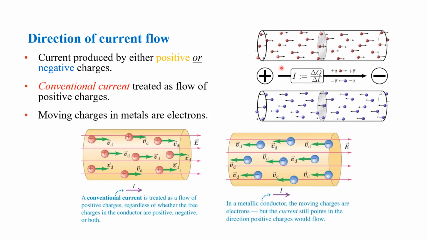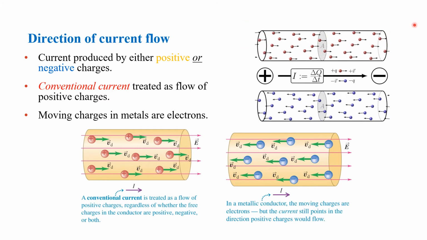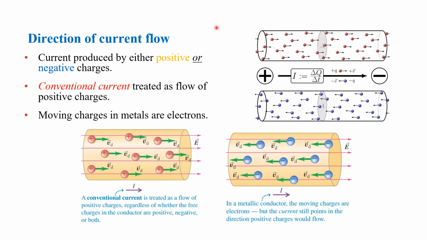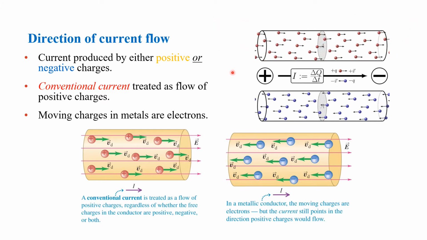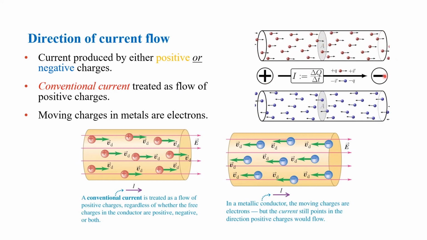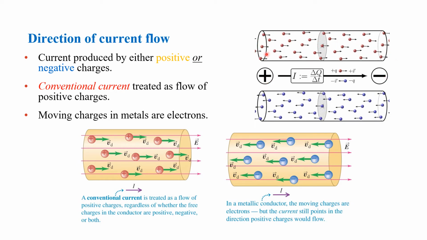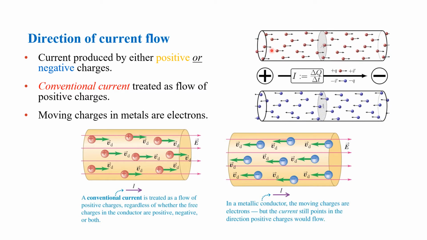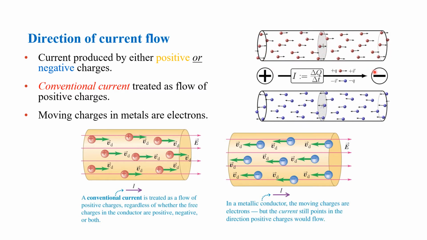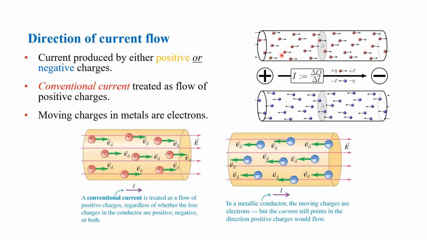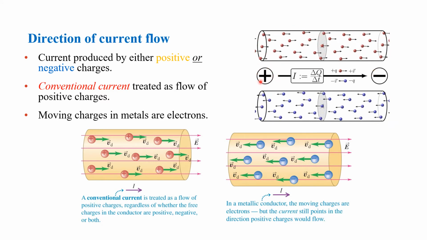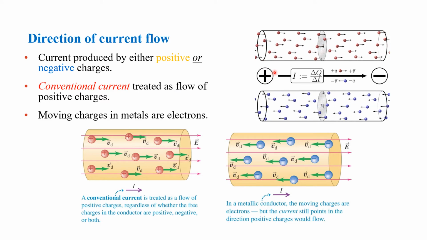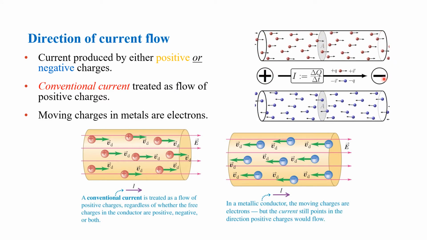As you can see here, if you connect your wire to a potential difference, with a positive terminal and a negative terminal, the positive charges move from the positive towards the negative because they are repelled by the positive terminal and attracted to the negative terminal.